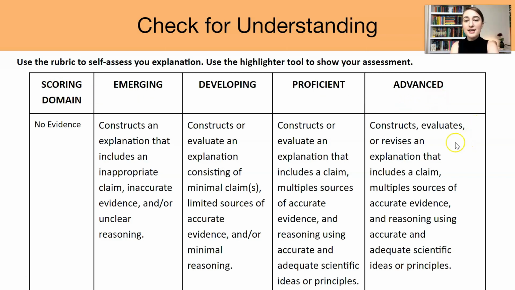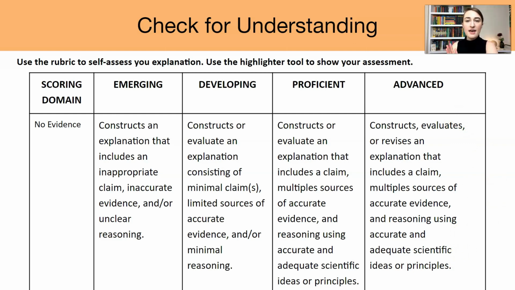So constructs, evaluates, or revises an explanation that includes a claim, multiple sources of accurate evidence, and reasoning using accurate and adequate scientific ideas or principles. Goodness gracious, that is a mouthful. If you filled in all of the blanks, though, in the example that I had done, and you filled in the blanks accurately to the data that you've been studying, this should be an advanced answer.